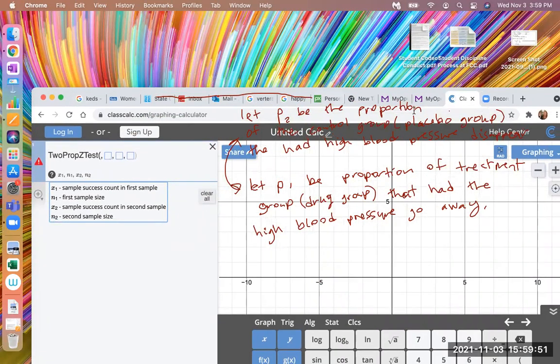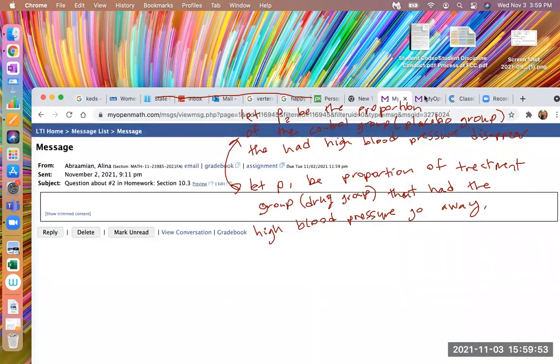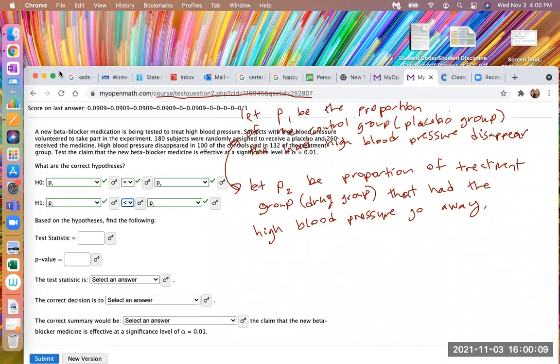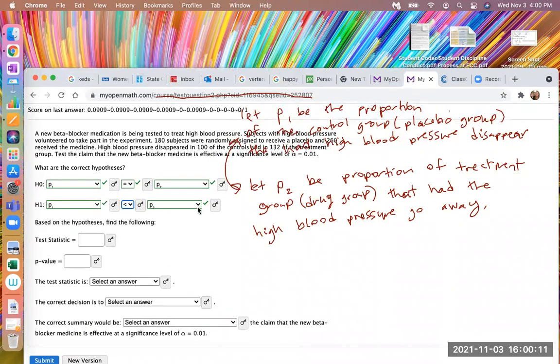So let's go back over here. Oh, I don't think I ever switched these back to the way they were supposed to be. All right.